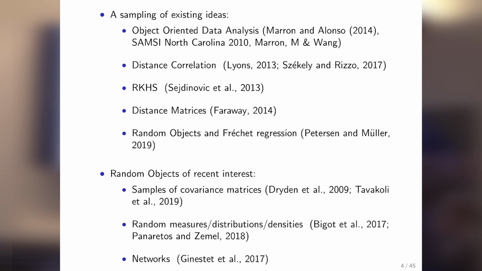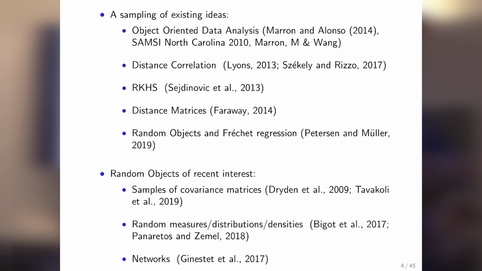And then we have developed something called Fréchet regression, where you have Euclidean predictors and random objects as responses, and you want to regress the random objects on Euclidean predictors. So these are facets of these fields. There's more, which I didn't mention here. It's just a random selection, as it says.